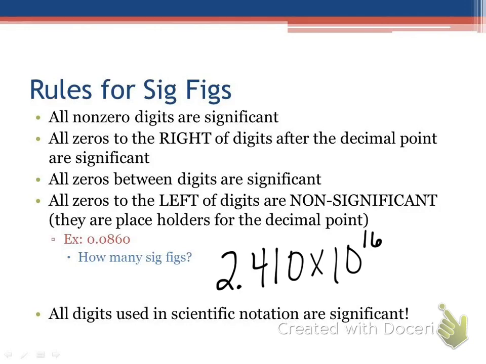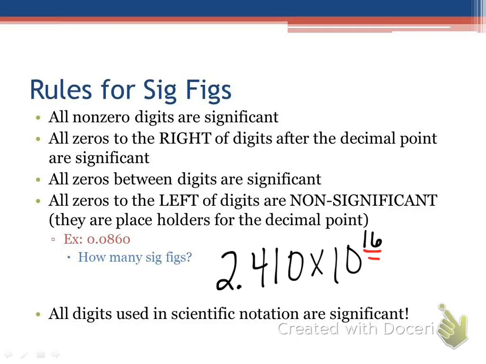There's an example of something written in scientific notation. So in scientific notation, if this exponent is positive, that means the number we're trying to express is larger than 10. Okay, if the exponent is negative, the number we're trying to express is less than 10.